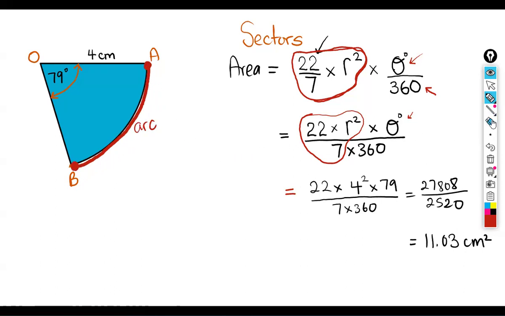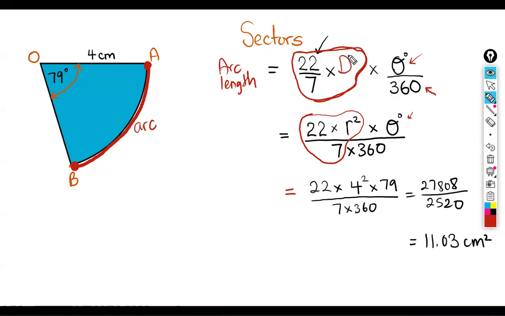To find the length of the arc, or you could just call it arc length, it's almost the same formula, but instead of radius squared, you have to put diameter. So this formula comes like the circumference of a full circle, and then you multiply it by the angle divided by 360.